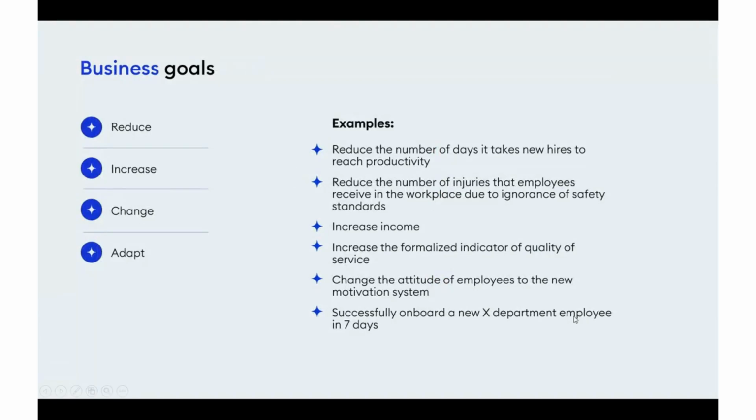From an analysis of the problem and the brief, they understand what the business goals are. You need to reduce or change or improve the results or the quality of something. Business goals can be reduce, increase, change, and adapt. For example, reduce the number of days it takes new hires to reach productivity or increase income.